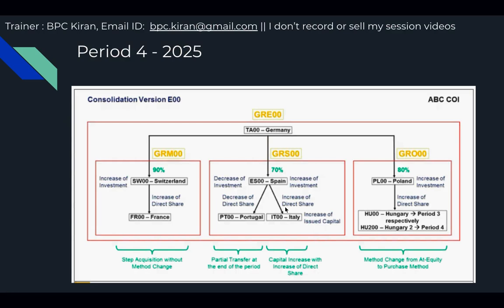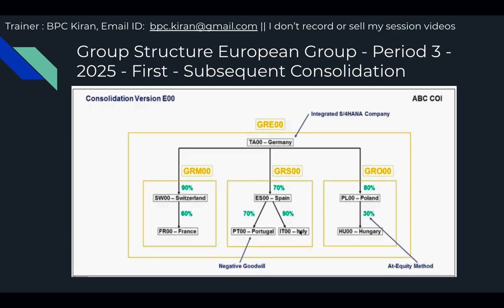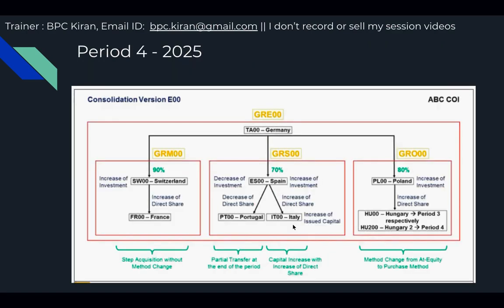For example, Spain's investment in Italy is 90%, and because Italy increased the capital by 30 euros, that 90% will change to 90.61%. So the percentage will change. If the investment percentage changes because of a capital increase, how are you going to handle that scenario? That also we are going to discuss.